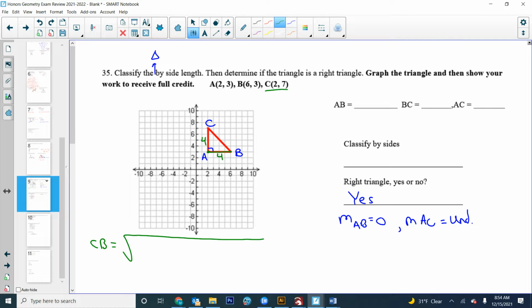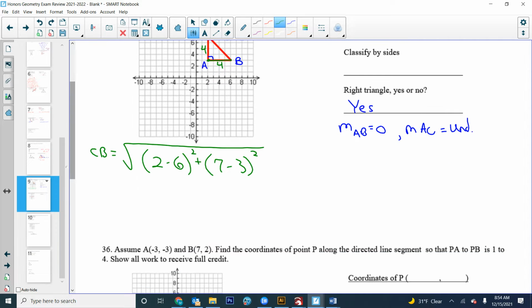C and B: 2 minus 6 squared plus 7 minus 3 squared. What's negative 4 squared? 4 squared? Square root of 32. Just like 5.5 or 5 point something, right?